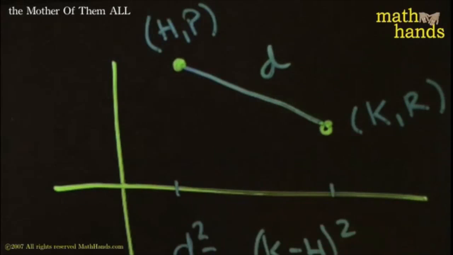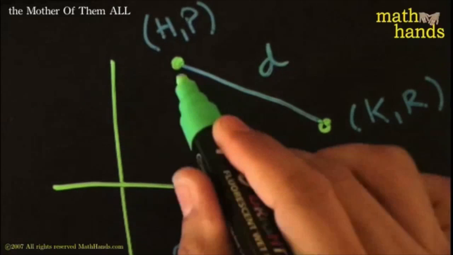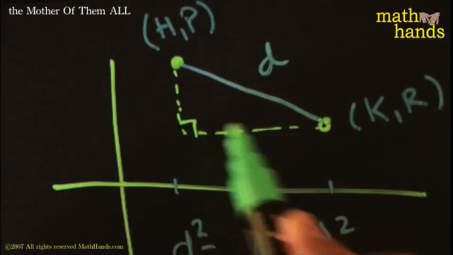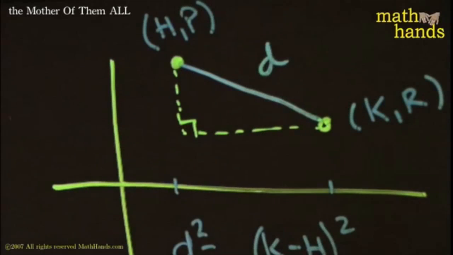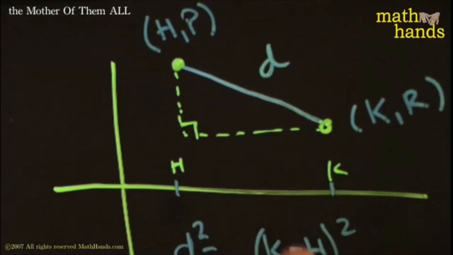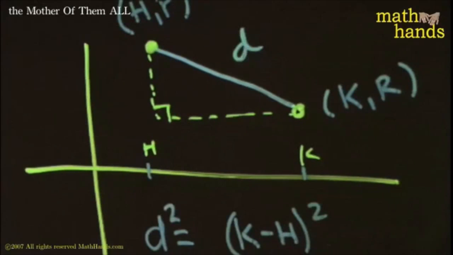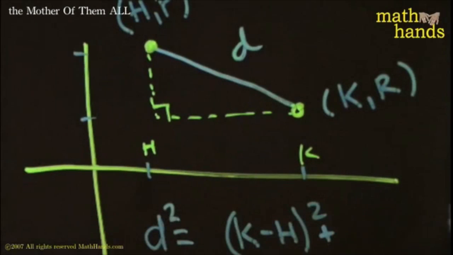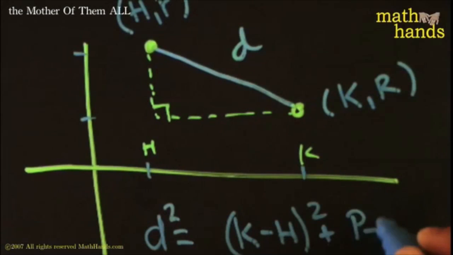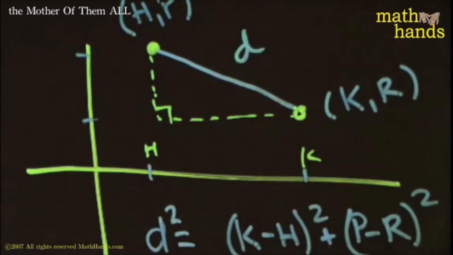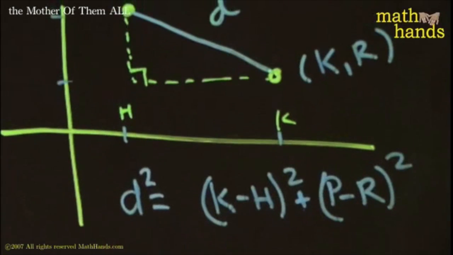That would give you this distance right here. See, a lot of times people don't even write this triangle, but you can use it to figure out. This is your H, this is your K. So this is K minus H squared, that's this side. Plus, you're going to look at the y coordinates now, P and R. So it'll be P minus R quantity squared. That's called the famous distance formula.